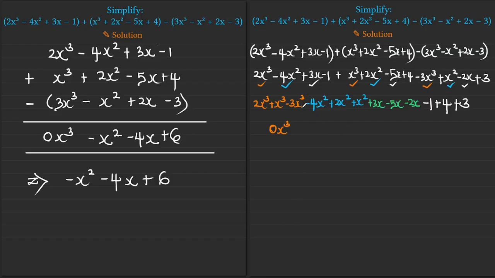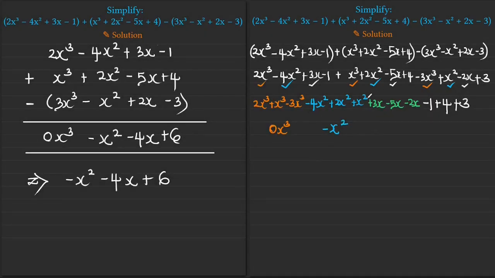Then for the squares, we have negative 4 plus 2, that gives us a negative 2. Then negative 2 plus 1 gives us a negative 1, so negative x squared.